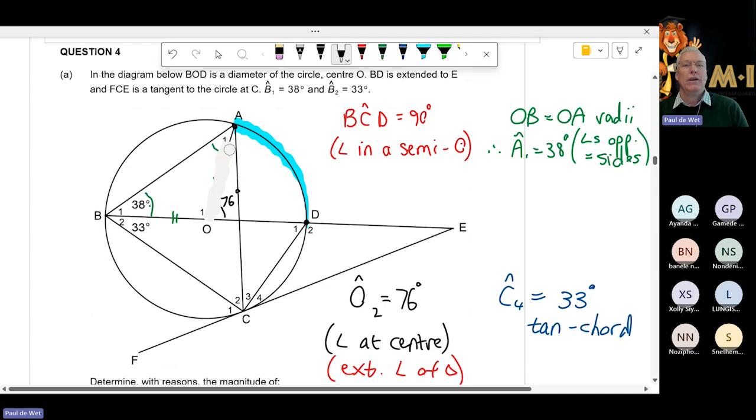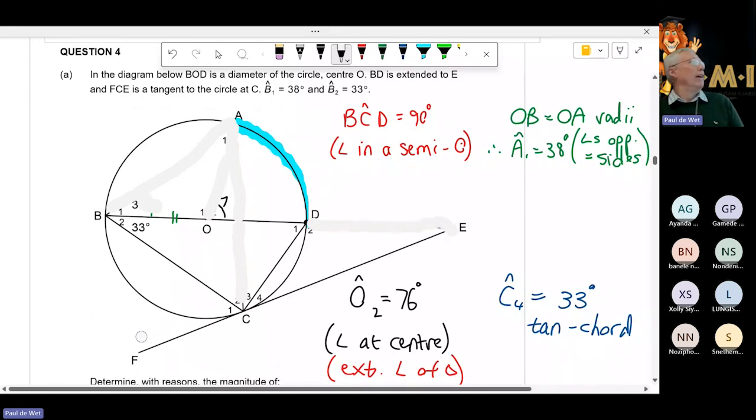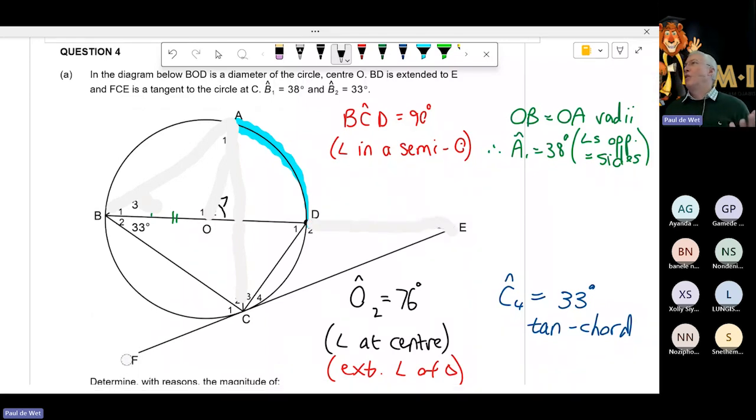You want to be able to, in your mind's eye, do that. Does everyone see the tan chord now? It's easier to see because now we're just focusing on the tangent and the chord. So this angle over here will be 33 degrees. Well done. Right, let's move on.